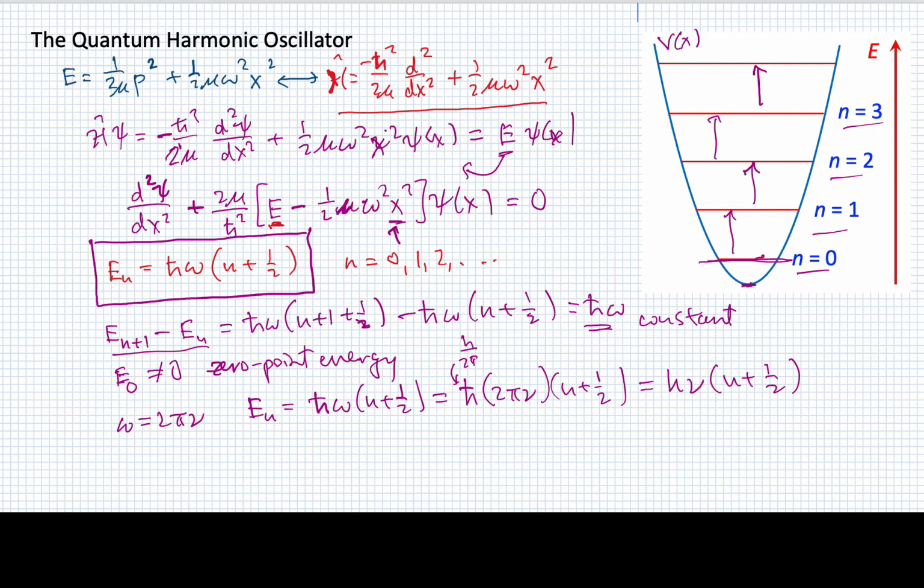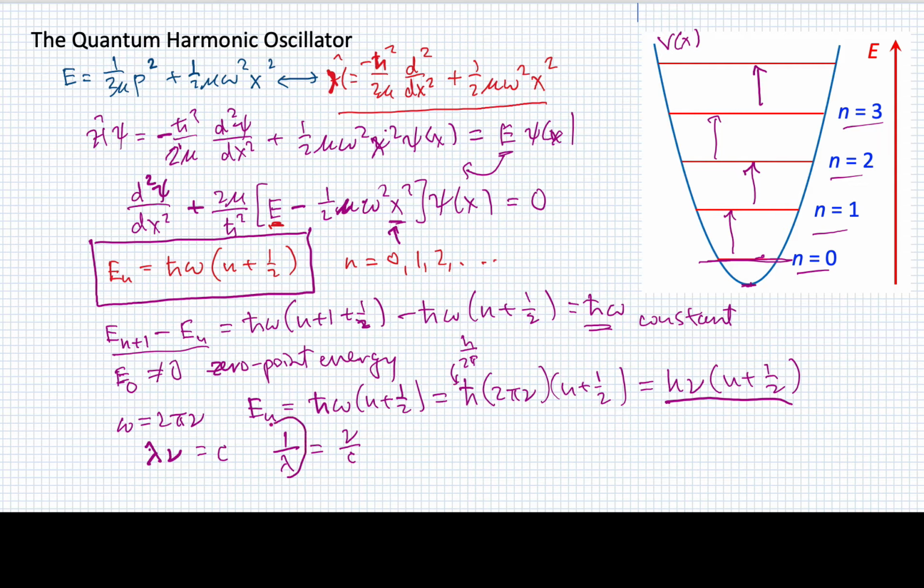Now, another way that we're going to be writing this sometimes is to use something called a wave number. All right. Now, you may recall that lambda times nu is equal to the speed of light, and so we can also write 1 over lambda as equal to nu over c.